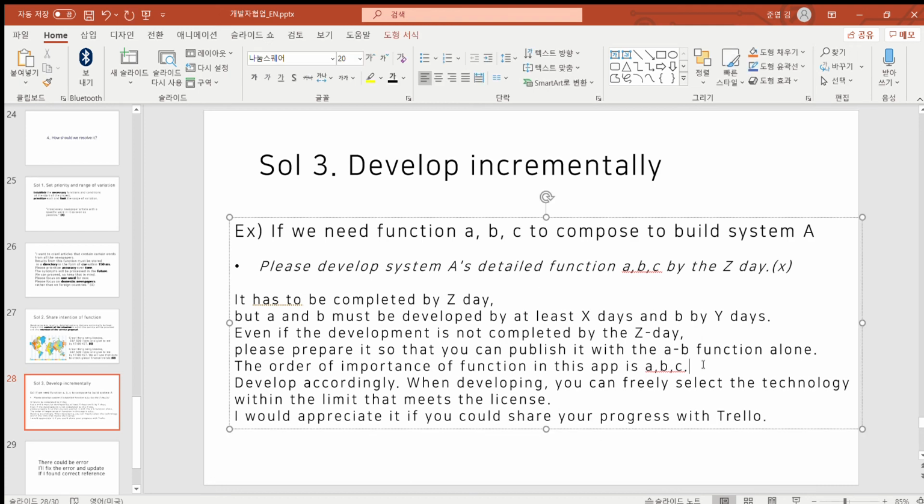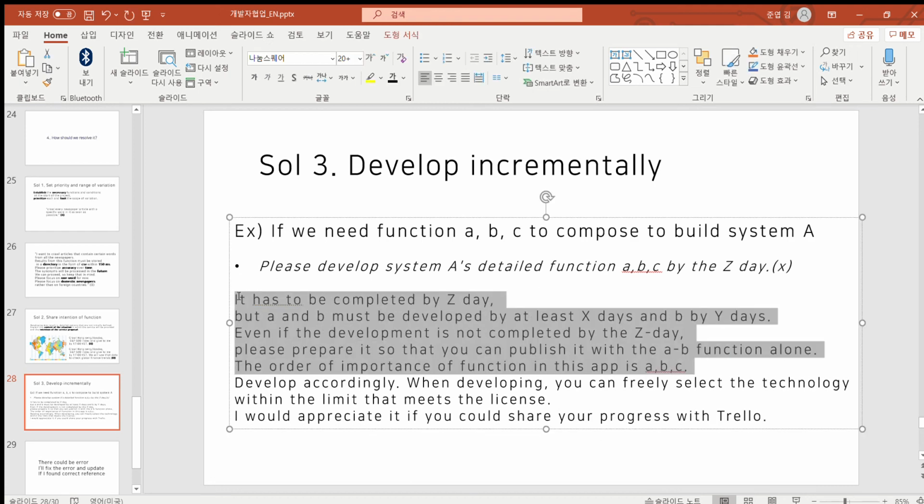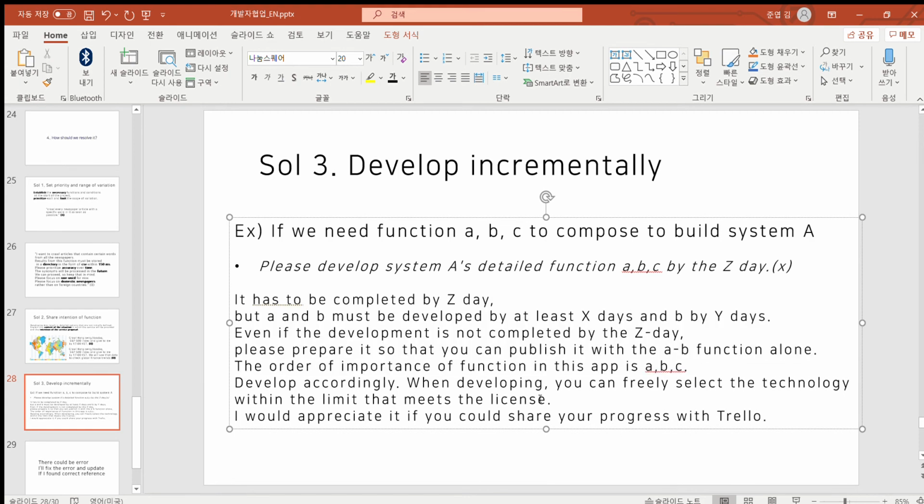So you can understand this part, right? You have to set the boundary, not only the functional boundary, but also the development time boundary. And this part means that you're a non-developer, so you don't know a lot about the skills or packages. So you should not boldly say that you should use this package or that package.